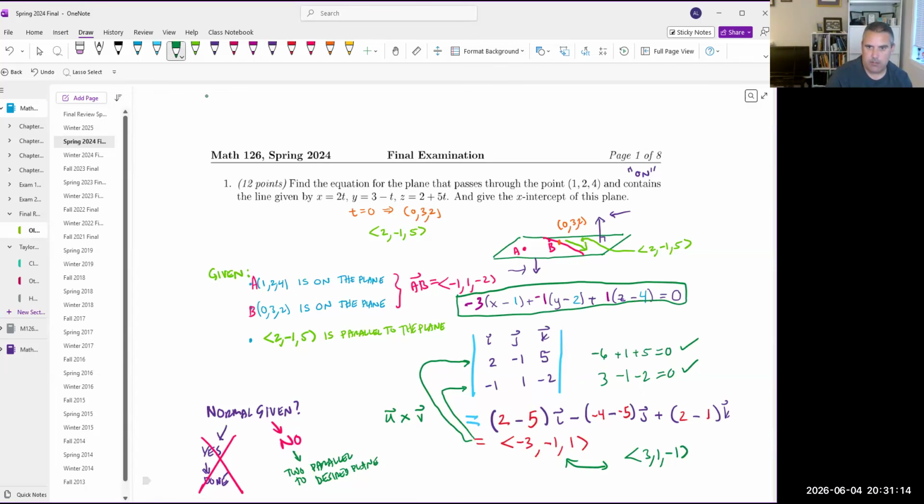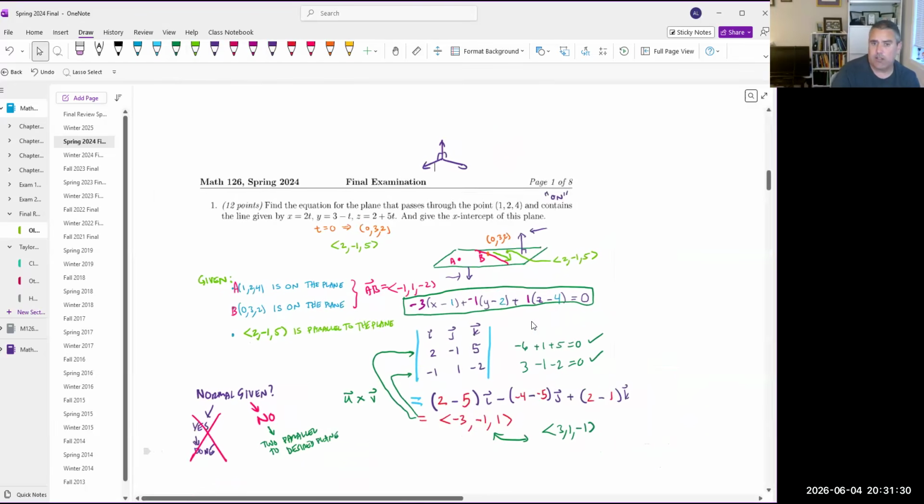Where did I get the -6 and the 3? Okay, so the big fact about cross products is that when you take a cross product, it's perpendicular to both of the previous vectors. We can check if things are perpendicular by checking their dot product. So the way I got this was me checking my work.